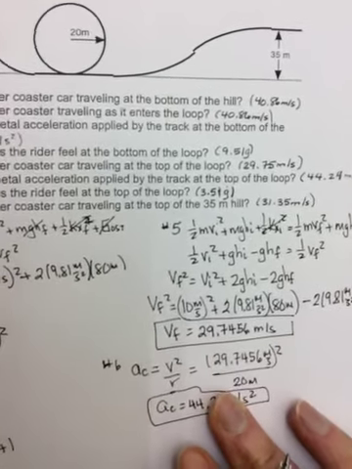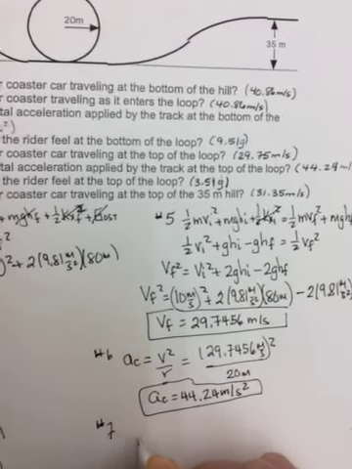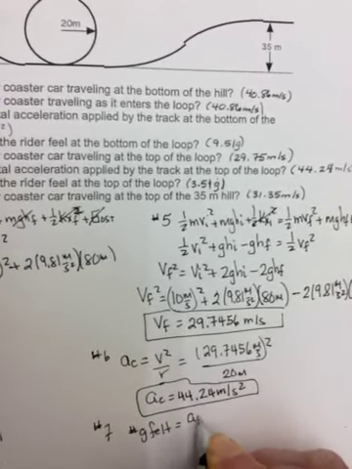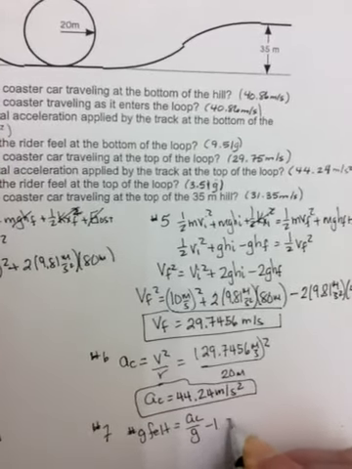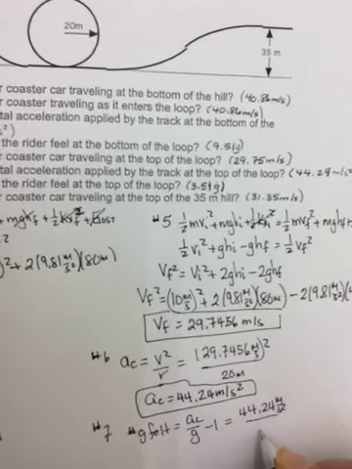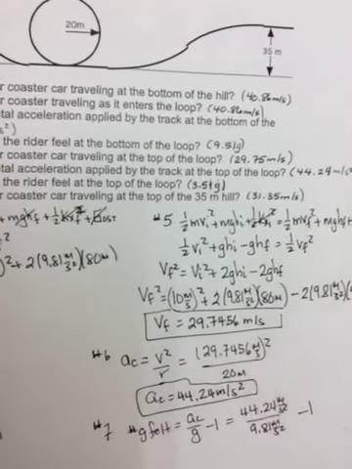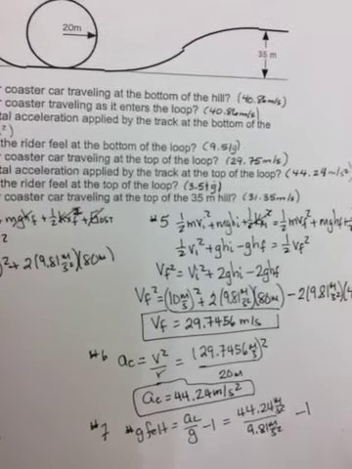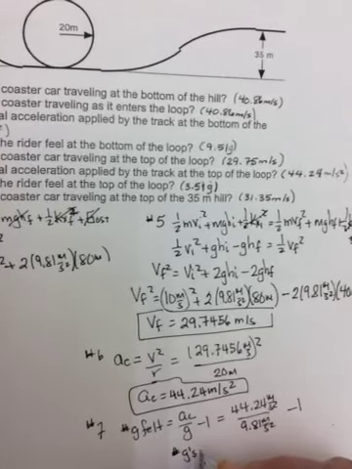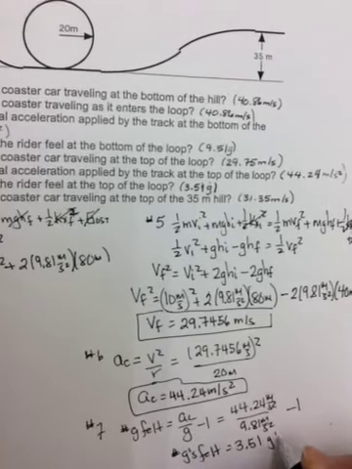Okay, number 7 says, how many G's does the rider feel here? So number 7, at the top, number of G's felt is equal to AC over G minus 1. So 44.24 meters per second squared divided by 9.81 meters per second squared, take away 1. So you get 4.51 minus 1, so the number of G's felt is 3.51 G's.